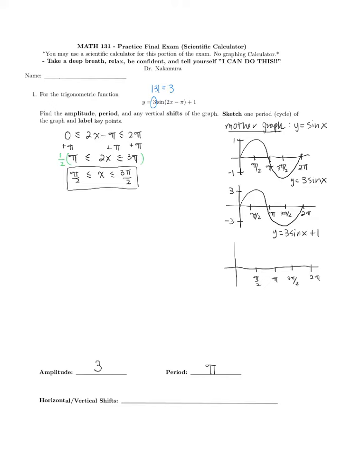Okay, so instead of starting from 0, your graph is going to start from 1. So this point right here is going to be 0, 1. X is 0, y is 1. All right, now at pi over 2, instead of 3, you're going to go 1 unit upward. So it's going to be at 4. So this point is going to be pi over 2, 4. All right, and then at pi, you're going to go back to y equals 1.